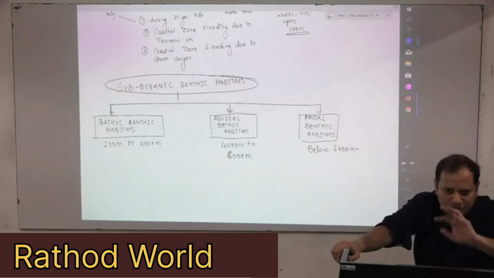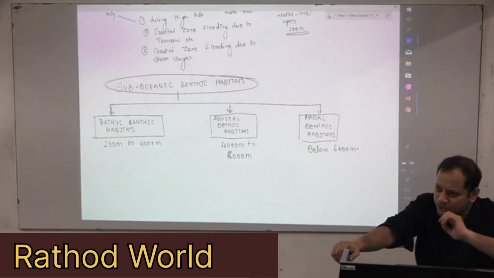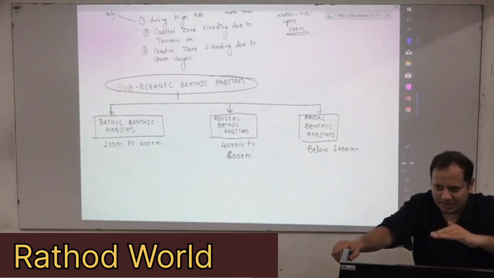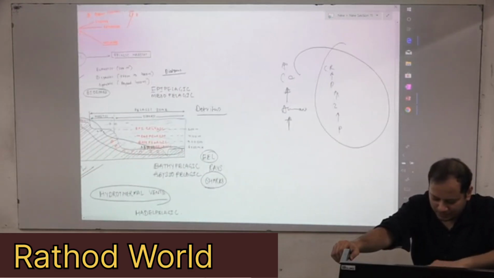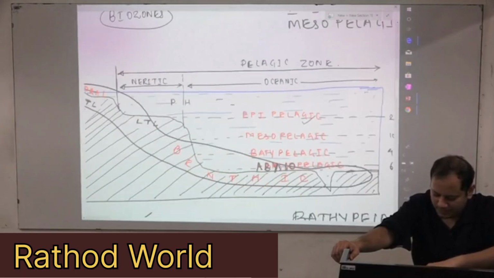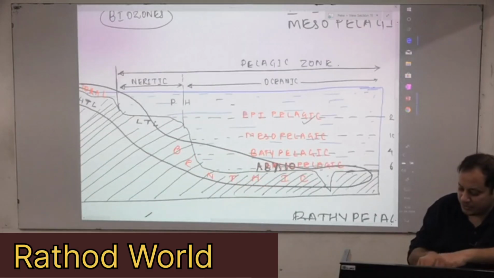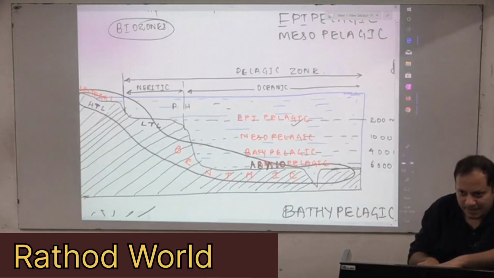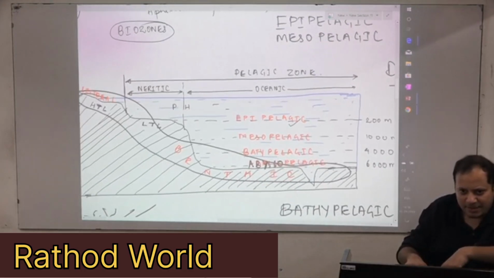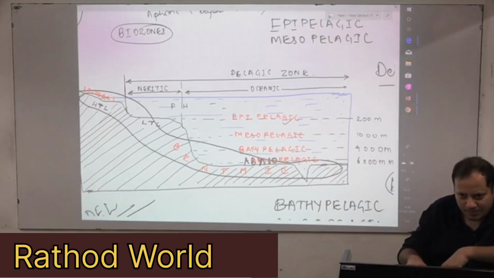You wrote everything about the pelagic, but you should also write something a little bit about the benthic, because even that is a layer of ocean. They said about the ocean plain, so you should write about benthic, bathy benthic zone. You should write about neritic benthic zone, right?